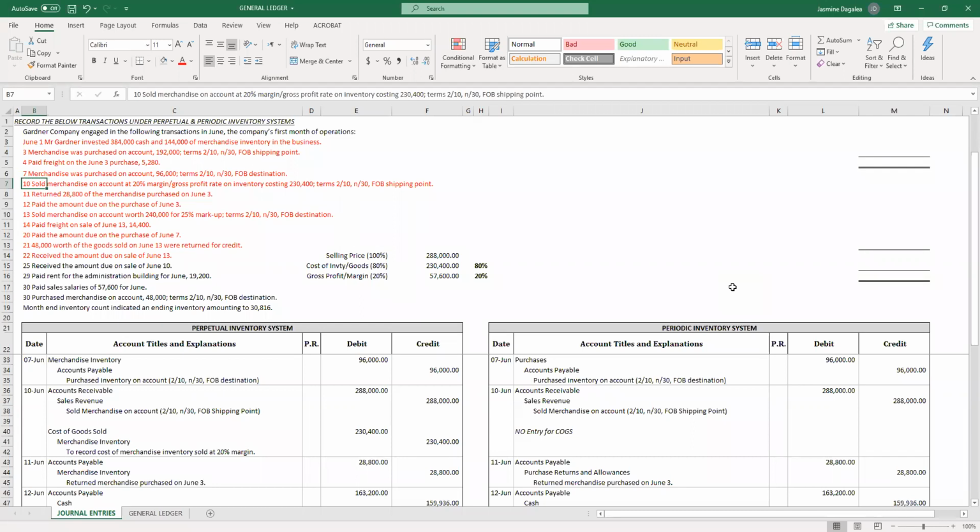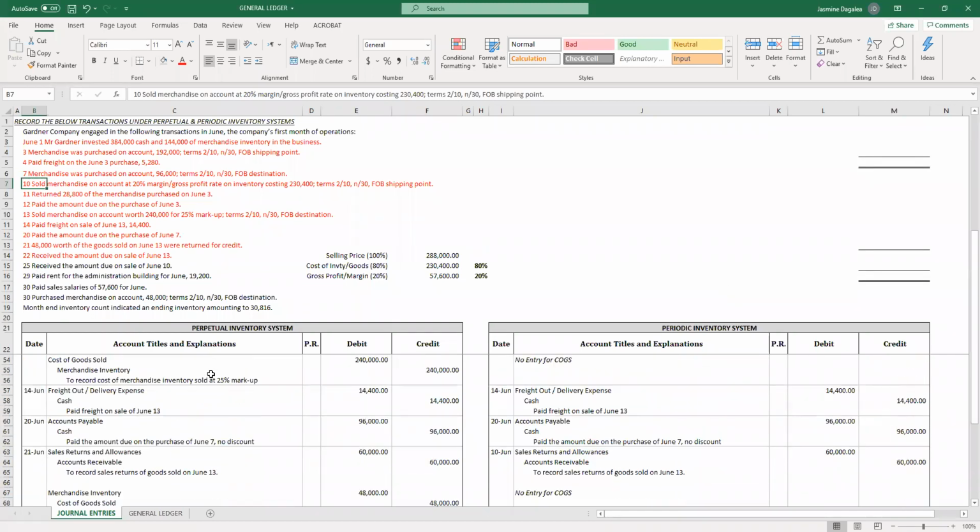Ilang days na nag-lapse? 15 days. So, hindi ka napasok sa 210. Remember, doon sa credit terms na discuss natin last week, 210 means 2% if paid within 10 days. So, since you paid 15 days after, the discount lapsed. Walay na discount.